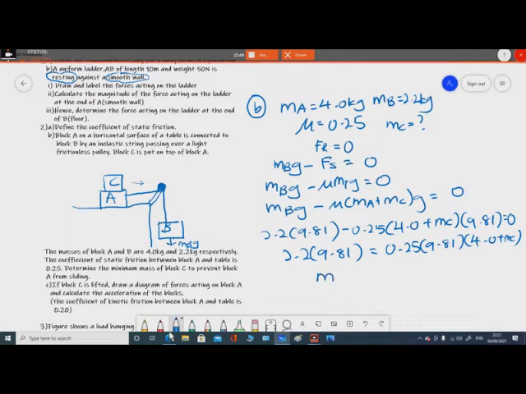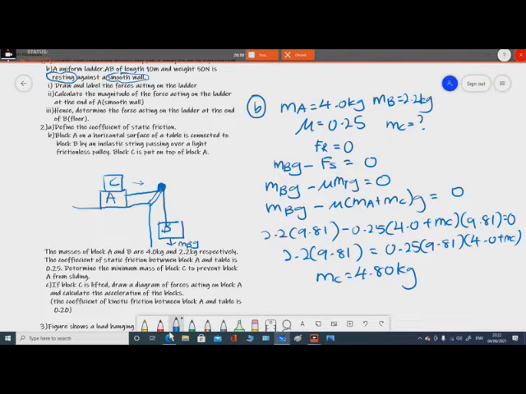So mC is (2.2 times 9.81) divided by (0.25 times 9.81) minus 4.0. So the minimum mass for block C is 4.80 kg. This is how we find the minimum mass.